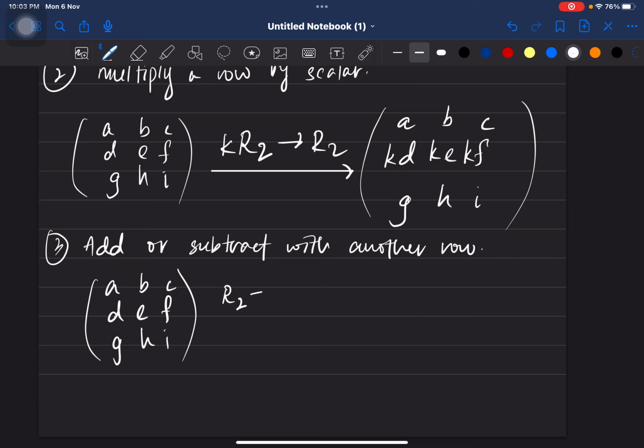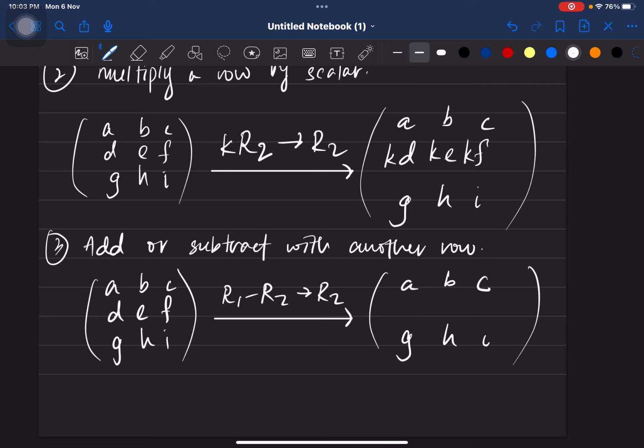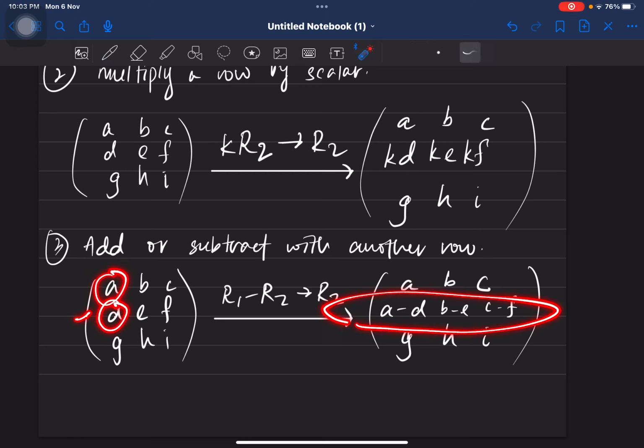I'll write it as row 1 minus row 2 for row 2, and write a big arrow at the bottom. So row 1 nothing happens, row 3 nothing happens, row 2 I will use row 1 minus row 2. So row 2 becomes A minus D, B minus E, and C minus F. I use row 1 to minus off row 2 for the whole row 2. You can do this, add or subtract with another row.